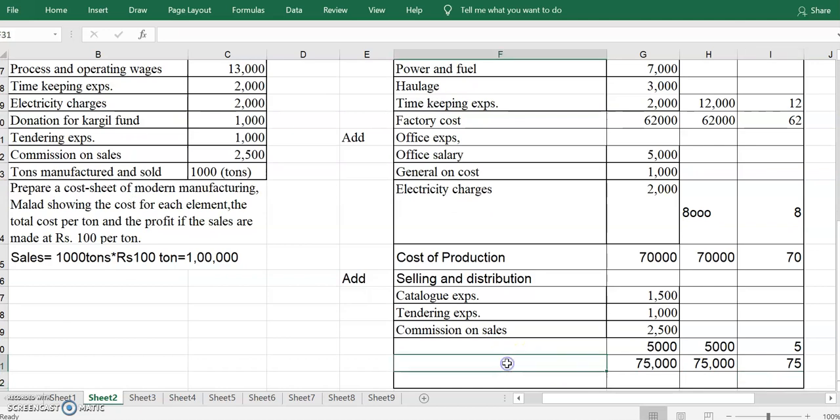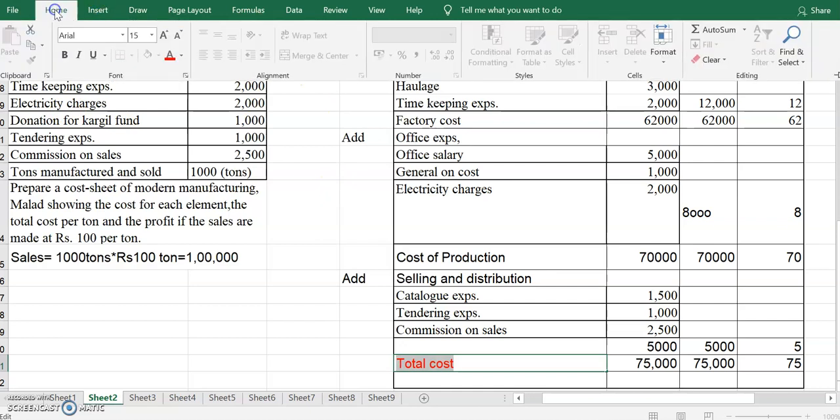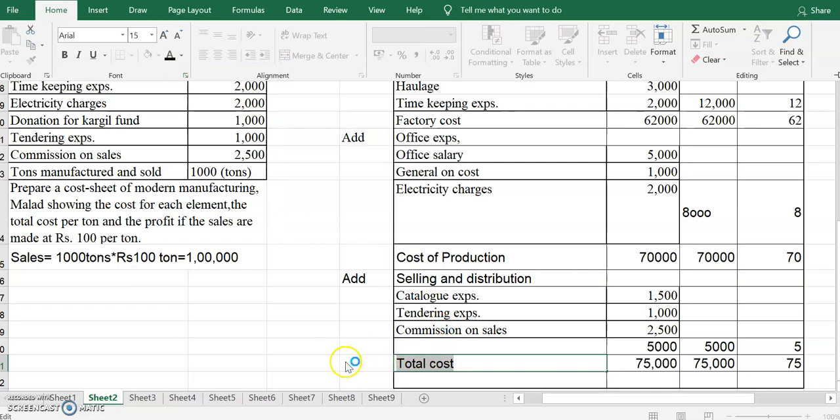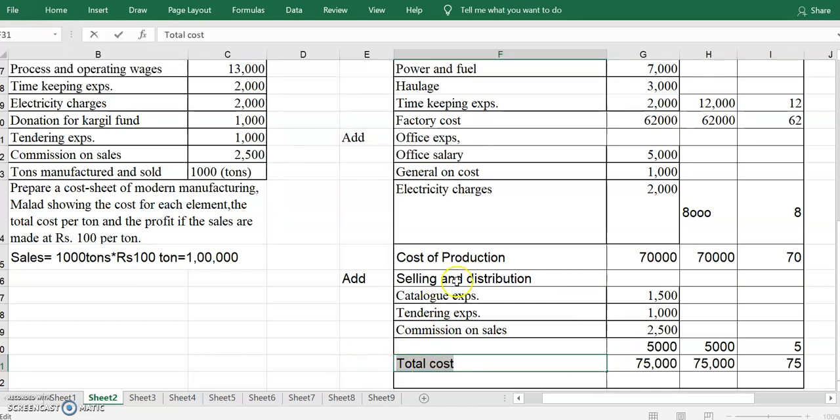The amount and the indication of this heading is total cost. Total cost will be 75,000.